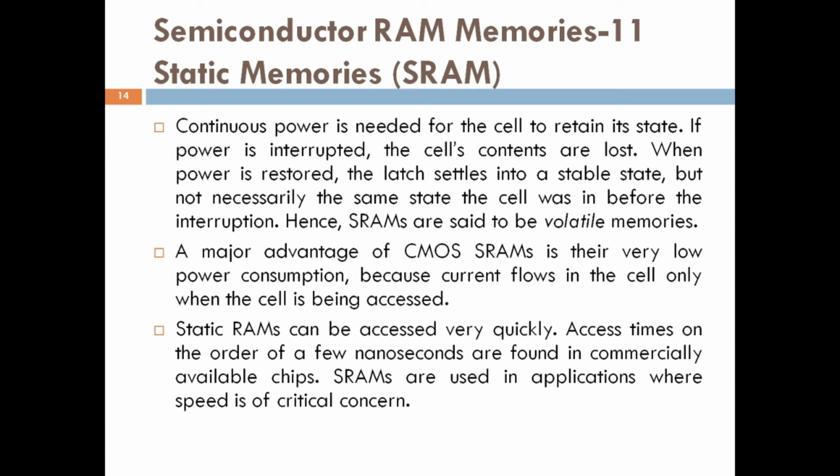A major advantage of CMOS static RAMs is their low power consumption because current flows in the cell only when the cell is being accessed. That's why we can say this is a major advantage of CMOS static RAMs, because they consume very low power.